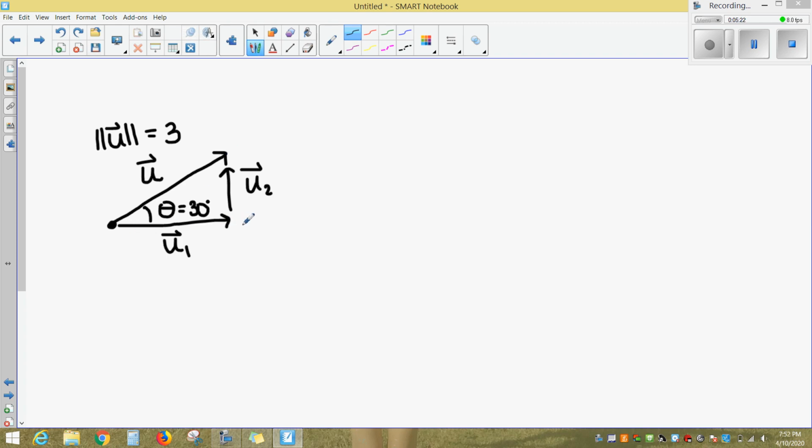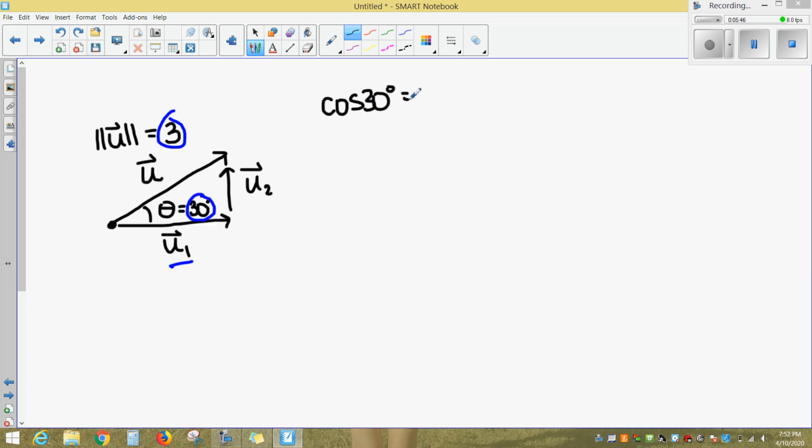I have a horizontal vector plus a vertical vector that gives me my resultant that goes off in this direction. I know the hypotenuse, and I want to find the adjacent side of that triangle, so I know that has to do with the cosine.